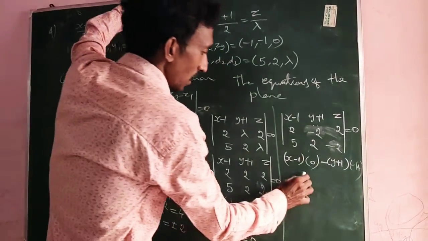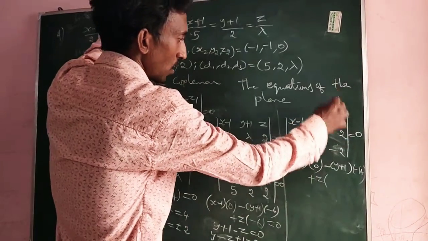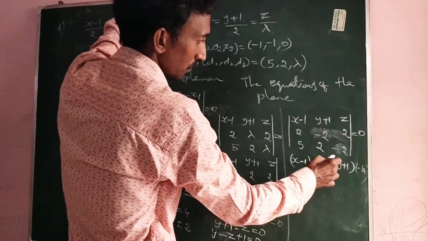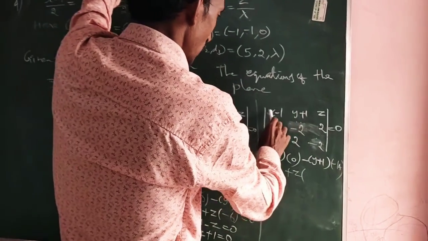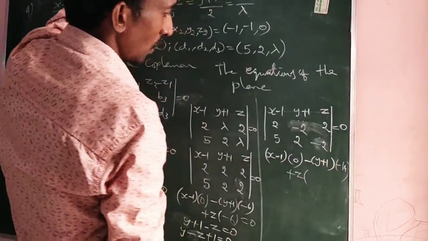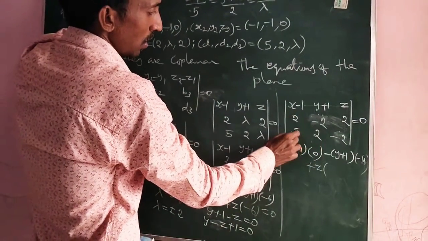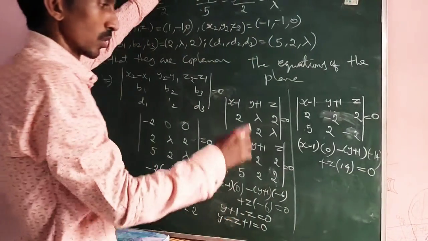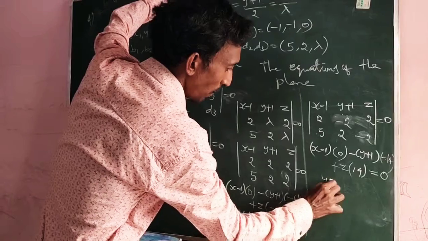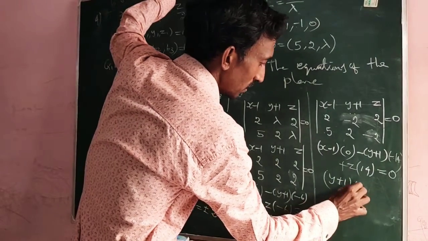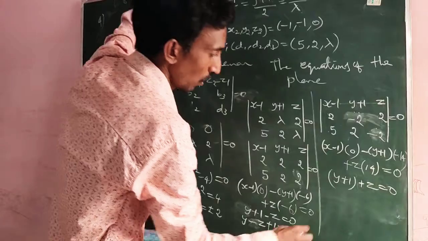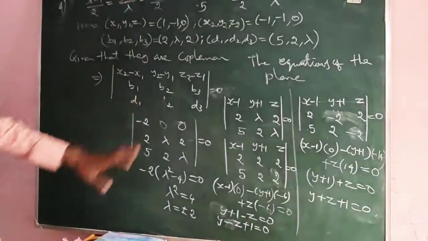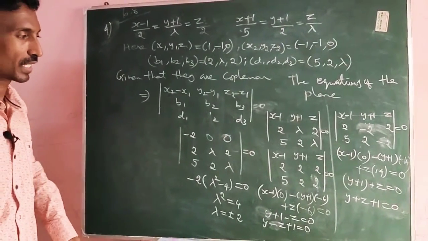Next plus z into, delete that row and column, what we are getting is 4 plus 10, 14, equal to 0. So minus into minus plus, y plus 1 plus z equal to 0, divided by 14. So y plus z plus 1 equal to 0. In the question it is asked for equations, so we are getting two equations.